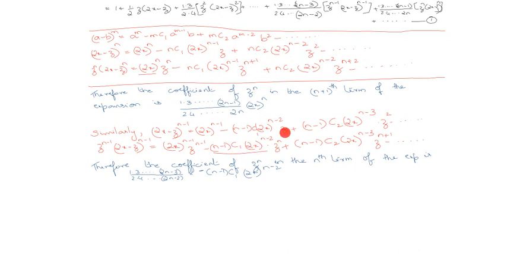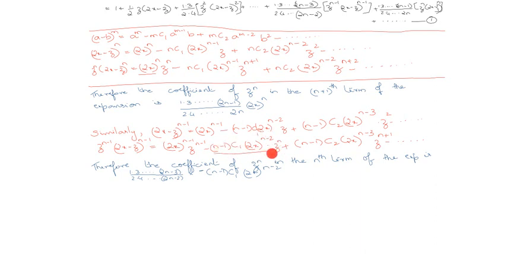Okay, here already one z is there, that z into z raised to n minus 1 is z raised to n, plus n minus 1 into n minus 1 c2 2x raised to n minus 3 z square into z raised to n minus 1, which is z raised to n plus 1, minus etc. So here the term containing z raised to n is this term. Okay, so we need to consider only this term.